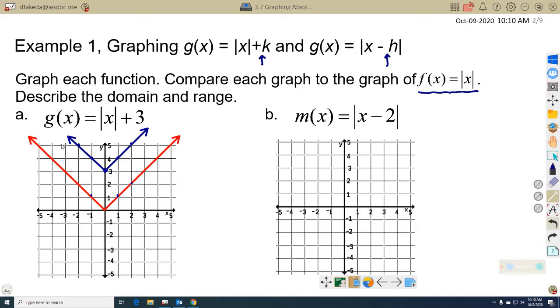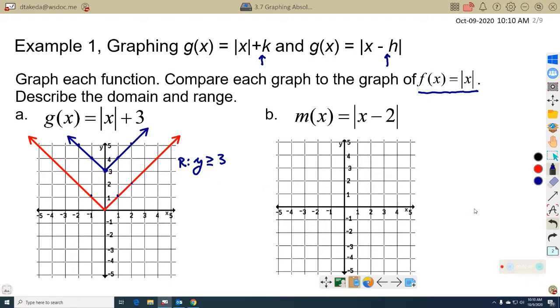So in this case, the domain is still all real numbers because it goes infinitely to the left in negative numbers, and it goes infinitely to the right in positive numbers, but the range here is going to be what? Now my lowest value here is at 3, so the range here is going to be y is greater than or equal to 3.